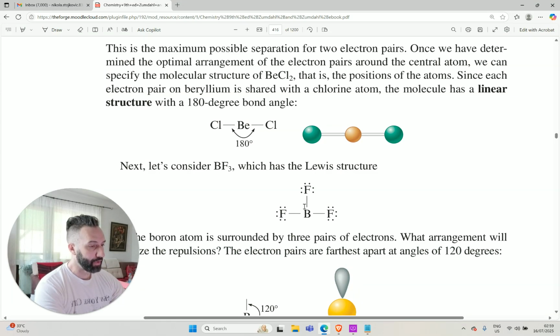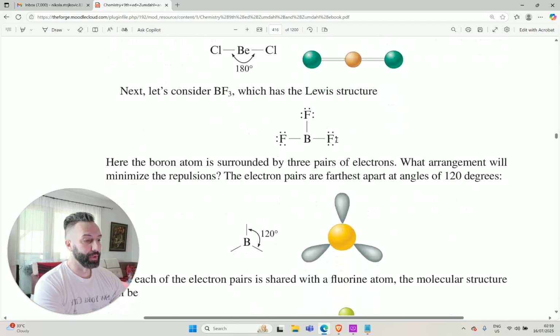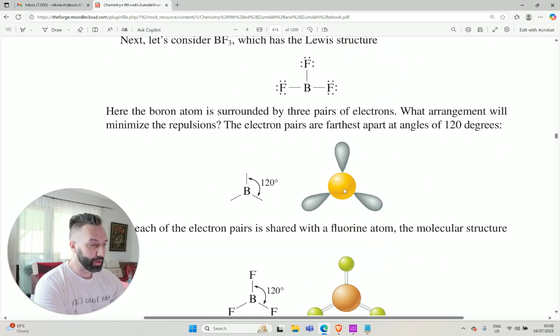This F also, this F also. So you have pulling here, pulling here, pulling here. So you'll have this side of the molecule that will be negative and this side will be positive, right? However, this molecule is not polar because actually in 3D, it looks like this.